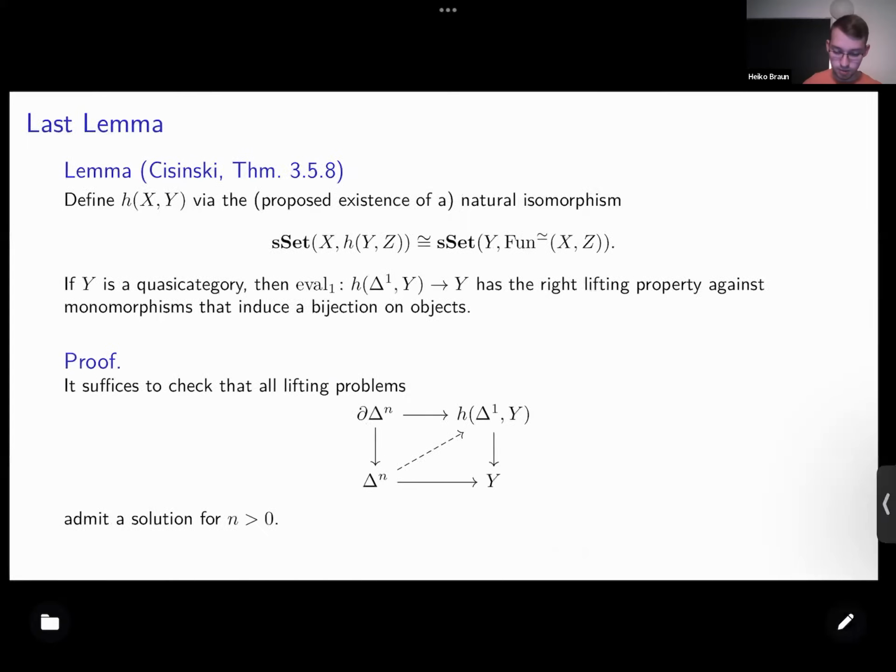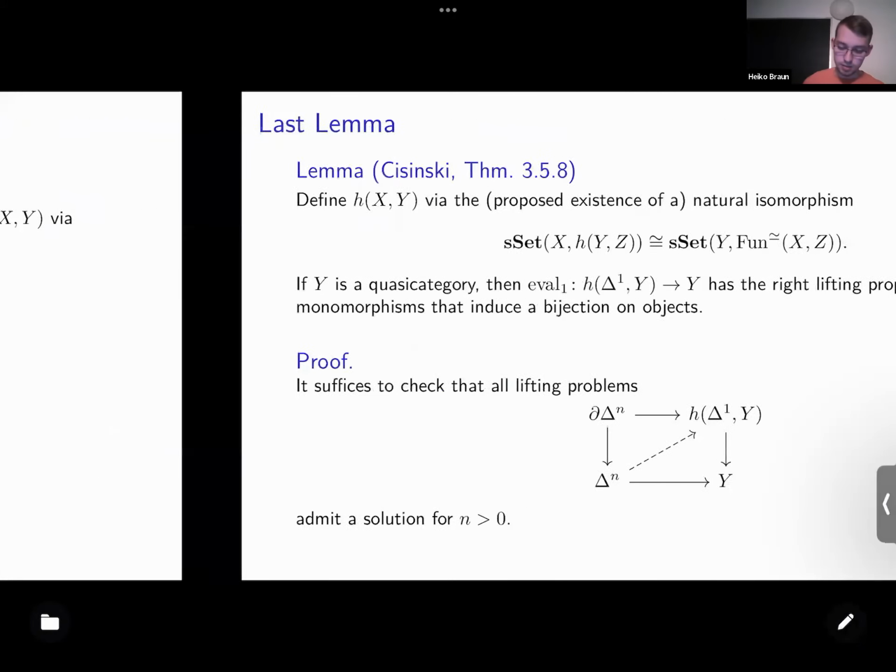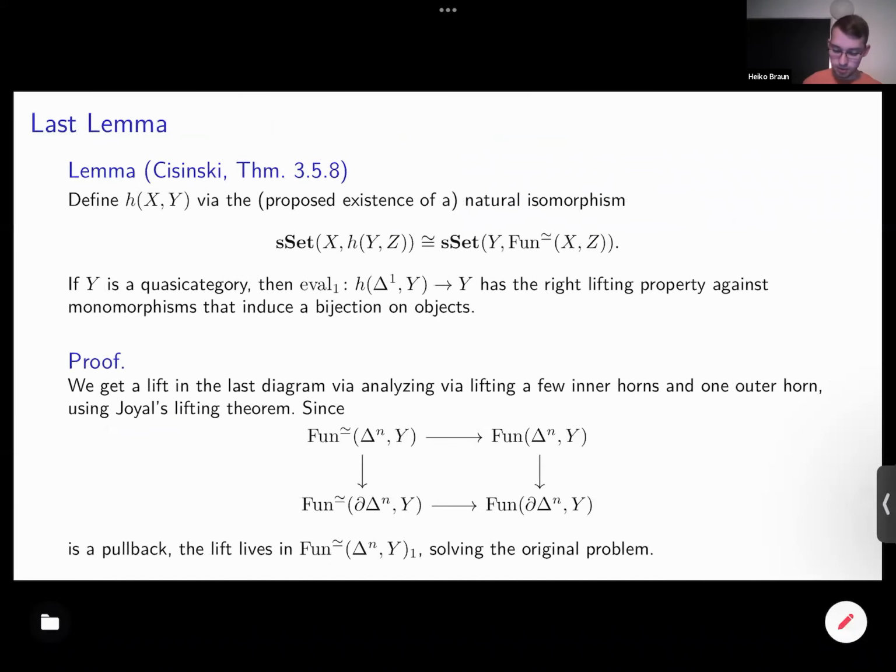So if we go to here again, we had both times x0 here. And then we have taken a pullback to define the object-wise invertibles. And because here nothing changes on x0, this diagram will again be a pullback.